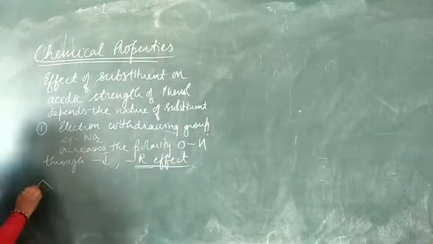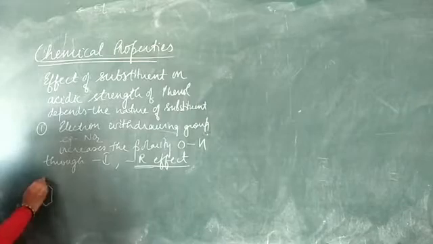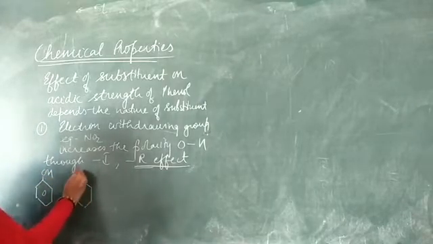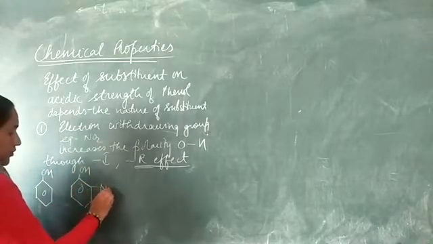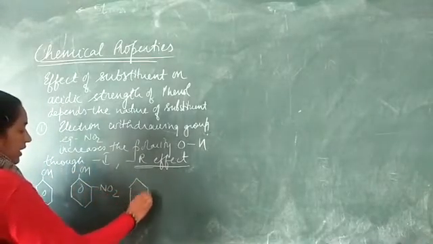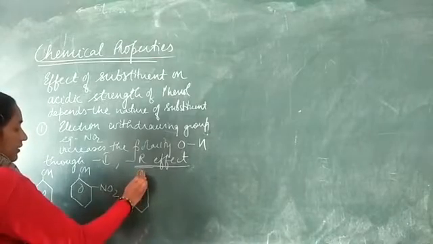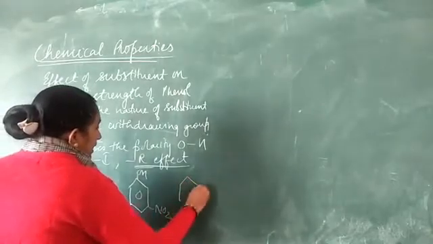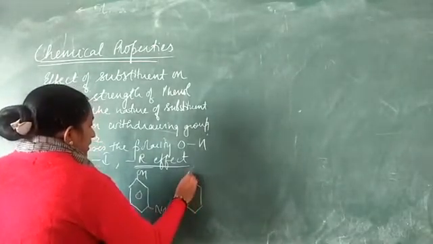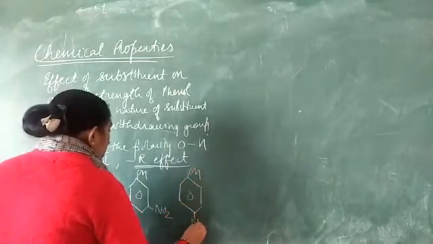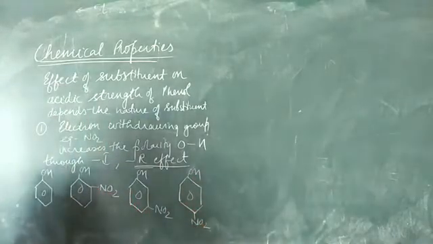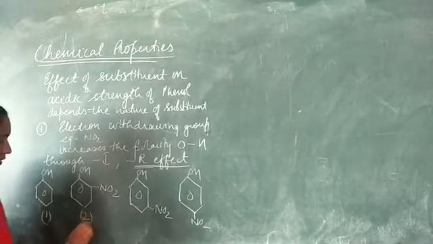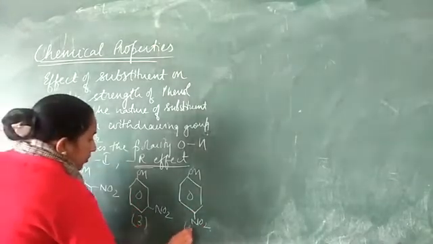This is the phenol, another we have orthonitrophenol, next we have metanitrophenol, and another is paranitrophenol, right? So let's number these as 1, 2, 3 and 4.